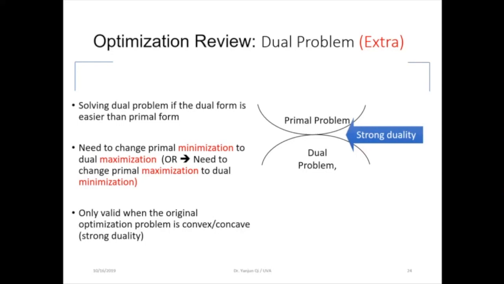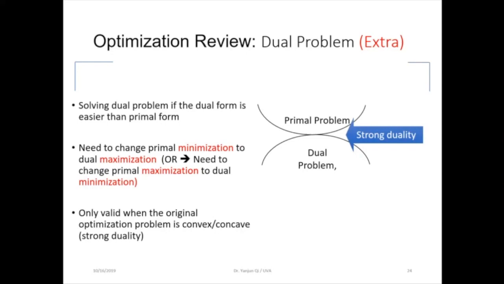Or if your primal problem is maximization, your dual problem is going to be changed into minimization. This sounds kind of odd, but hopefully this gives you some intuitive view.